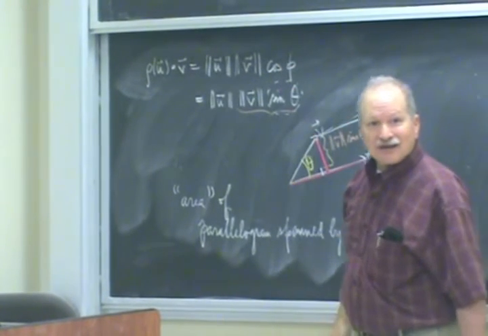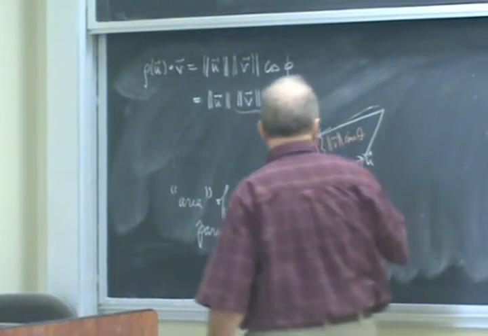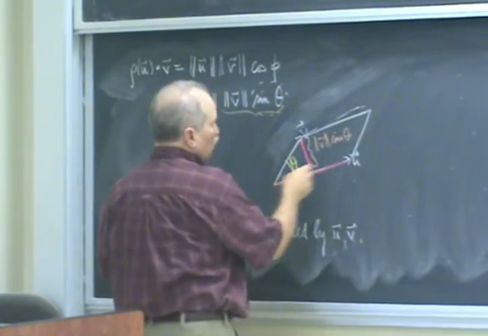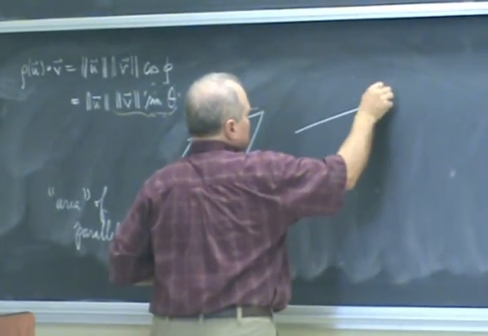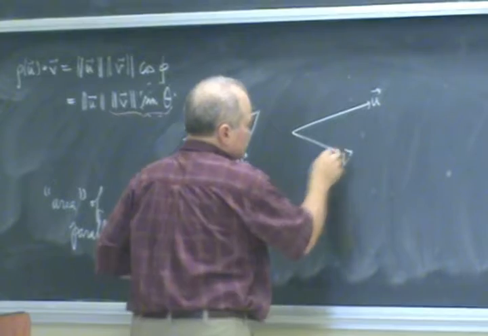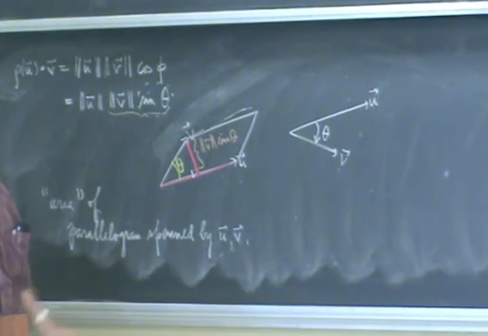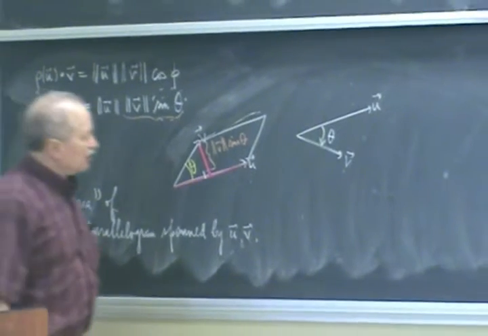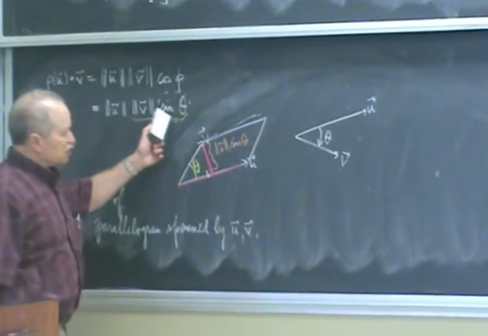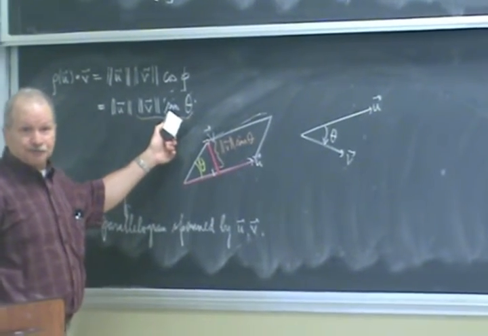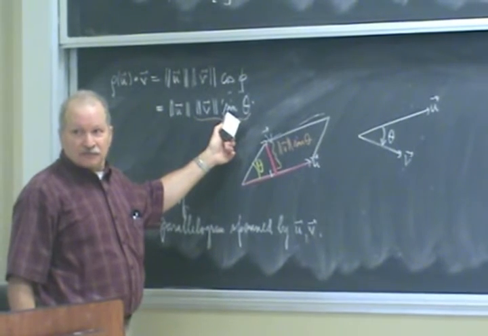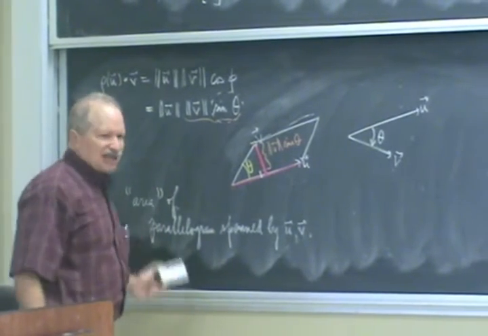In fact, if the picture were u going like this and v going like this, with theta going from u to v that way, you would get a negative number here because you'd have sine of a negative angle. So, in what sense is it area?